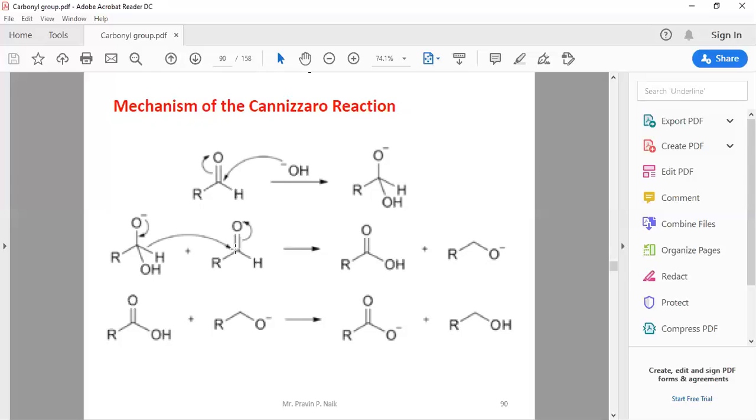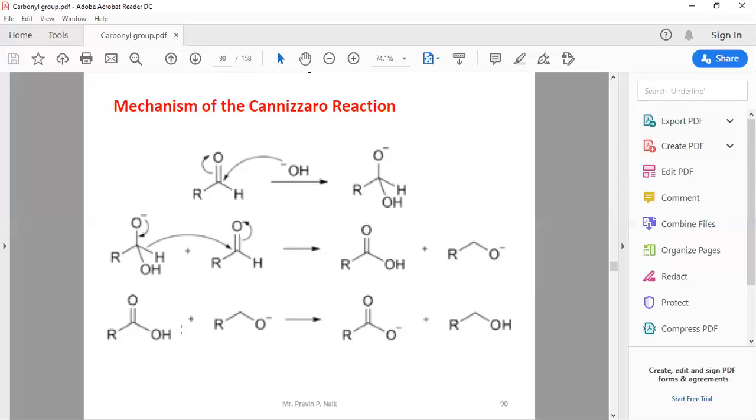You can see here the hydride is getting transferred, and because of which this becomes RCH2O minus, and this is the molecule which forms alcohol. And after transfer of hydride, the original molecule forms the carboxylic acid.